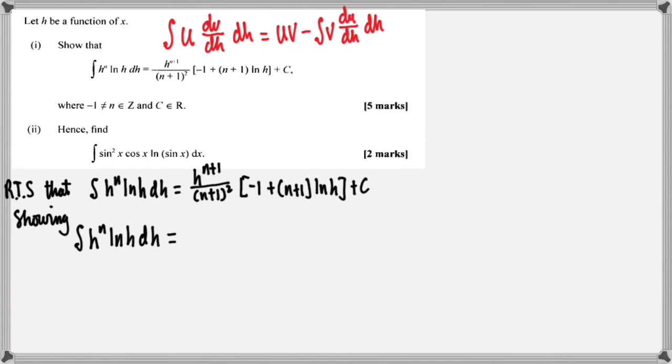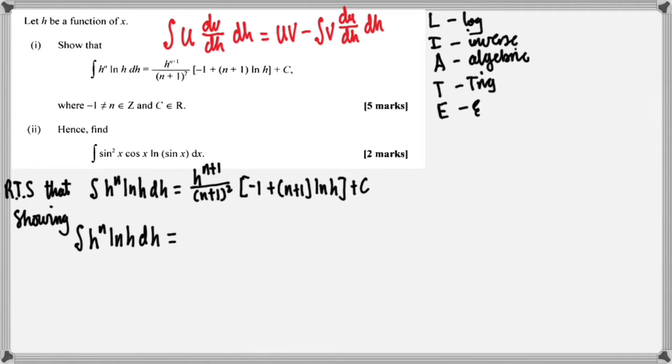What we could use is actually the LIATE rule. Remember the LIATE rule that I spoke about in the video I did on integration by parts? This little acronym here tells us who would be given preference to be our u. We have to look at the function being integrated.